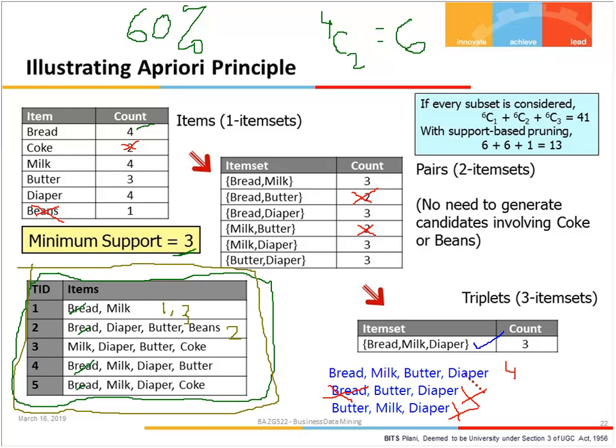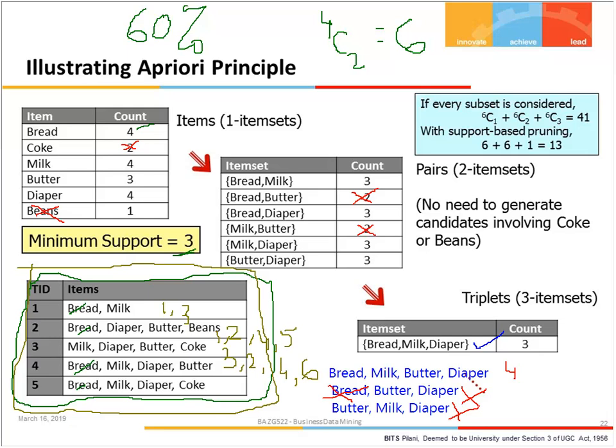Let's say bread is one, diaper is two, milk is three, butter is four, bean is five, coke is six. So we have given the product numbers. So suppose that we have got the database organized like this.